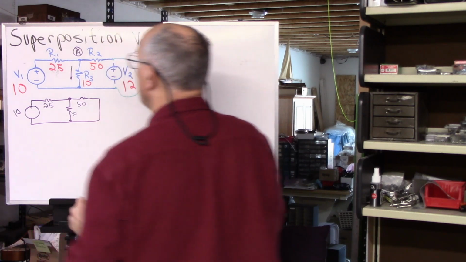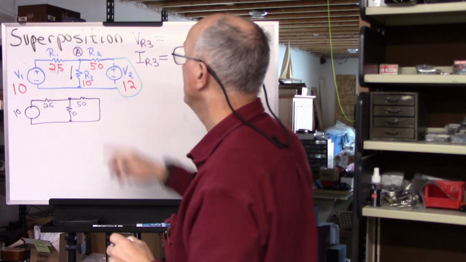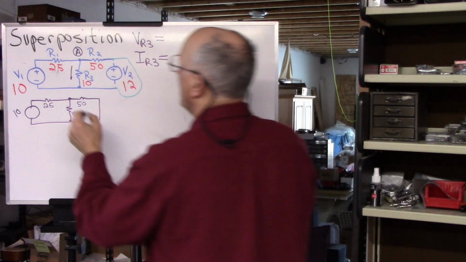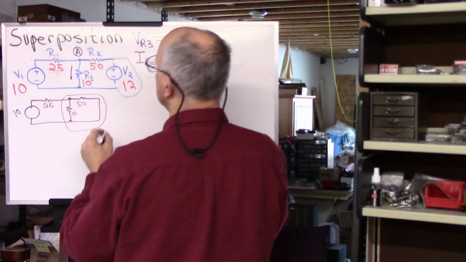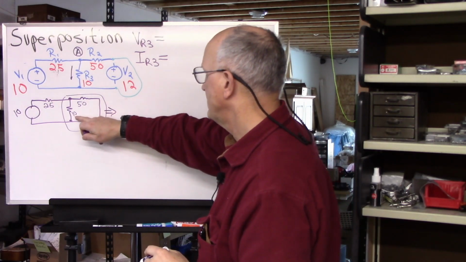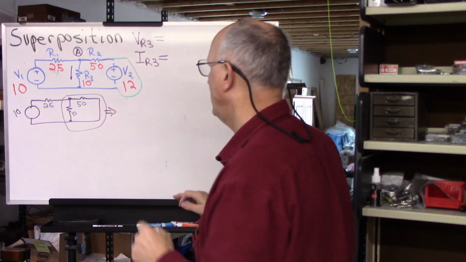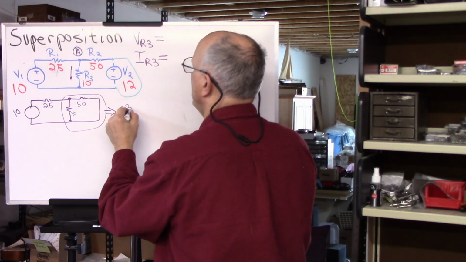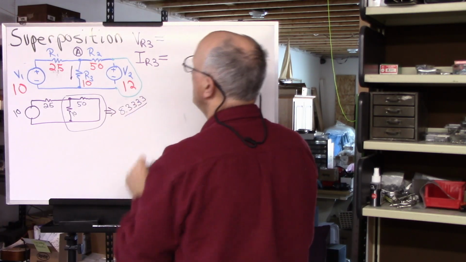Now we're going to solve for the currents through all of these resistors. We begin by creating an equivalent resistance of these two, which is 10 times 50 divided by 10 plus 50, which comes out to be 8.3333 ohms.